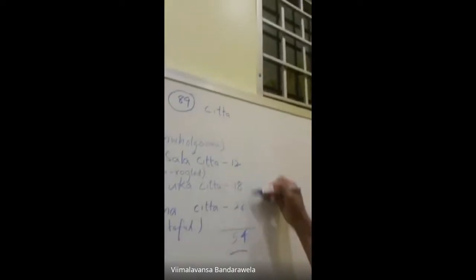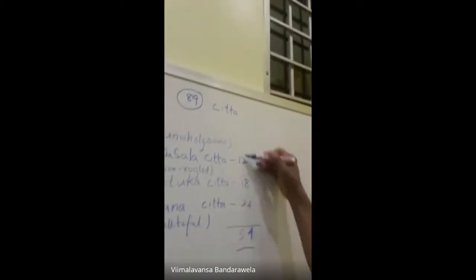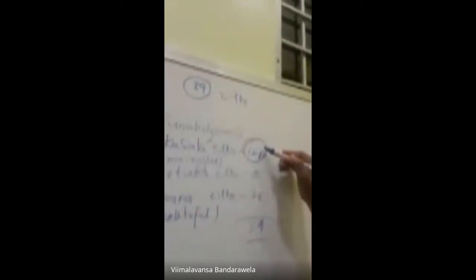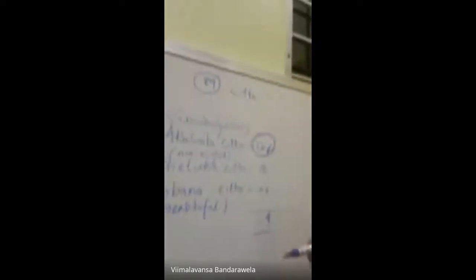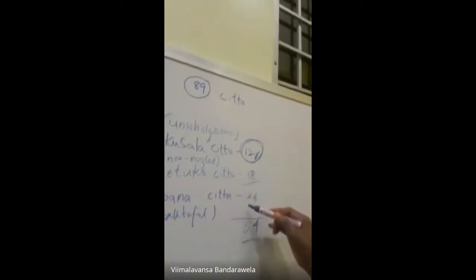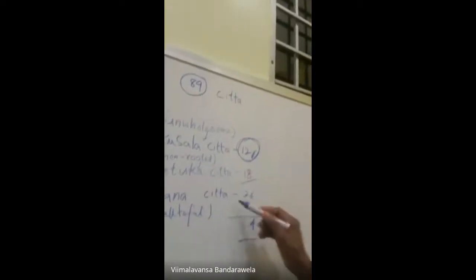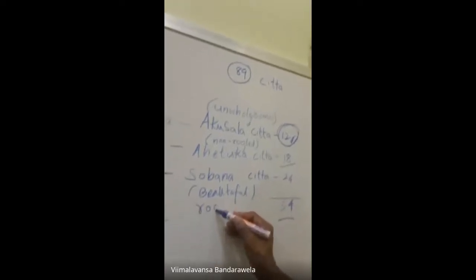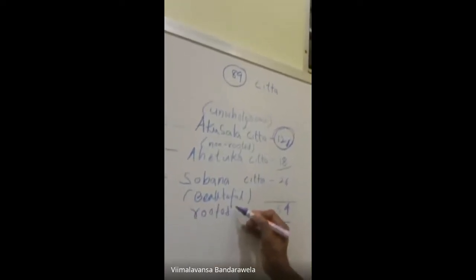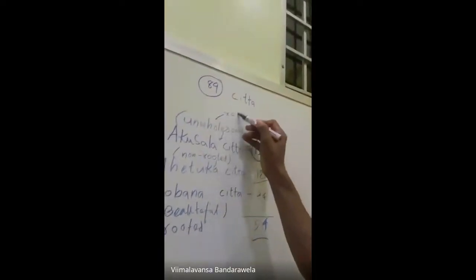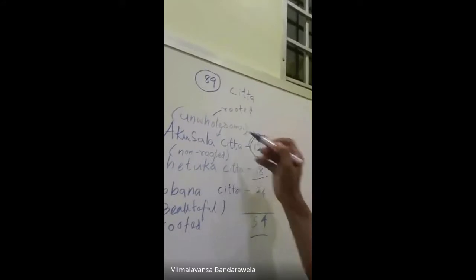You want to know this, right? How many akusala consciousness? 12. We first learn this akusala consciousness first. Then how many ahetuka, the non-rooted consciousness? Sobana chitta means rooted, right? These are rooted, beautiful consciousness. These are also rooted.